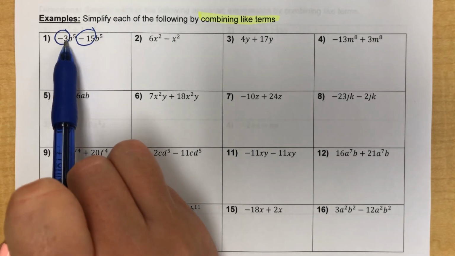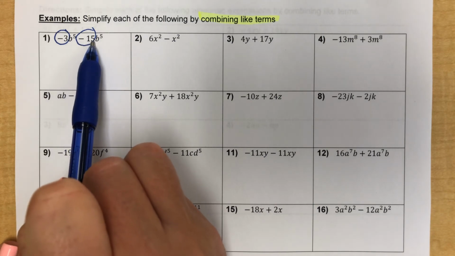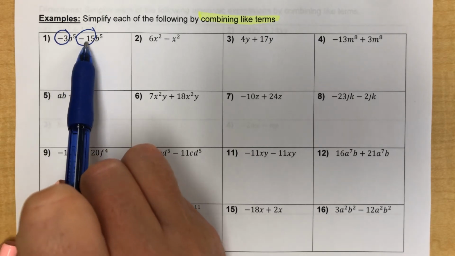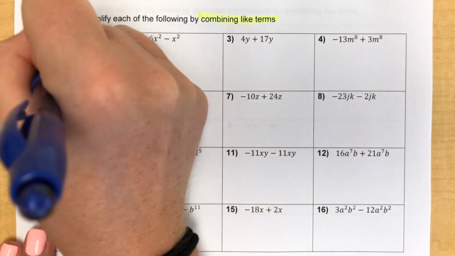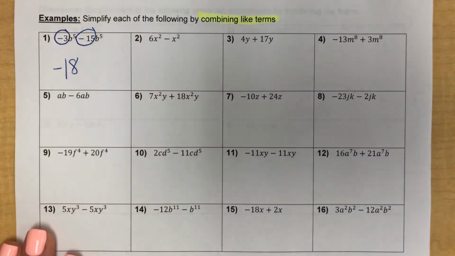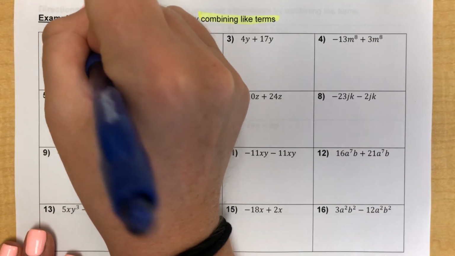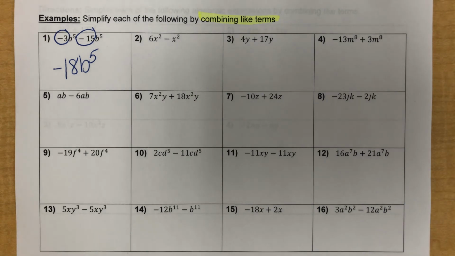Well, -3 minus 15, I'm going to say it again, that's how you would type it in the calculator, exactly how you're reading it. -3 minus 15 is -18, and then I just keep the variable and the exponent the same. So we have -18b to the 5th.